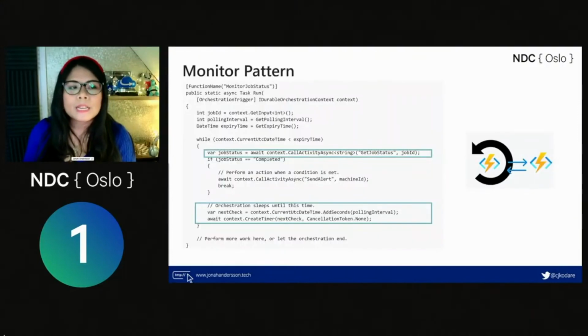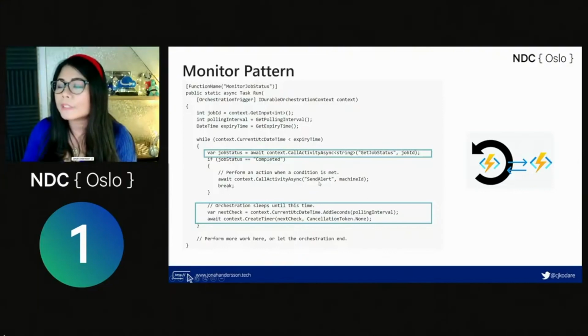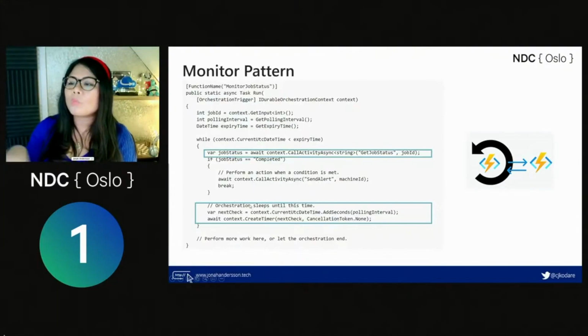So this is an example, like monitoring job status tasks, where we have a timer in your while loop. You set an expiration time, and you're checking what the status is. If the status is completed, you're calling another activity called send alert. And then in your while loop, you have your check.